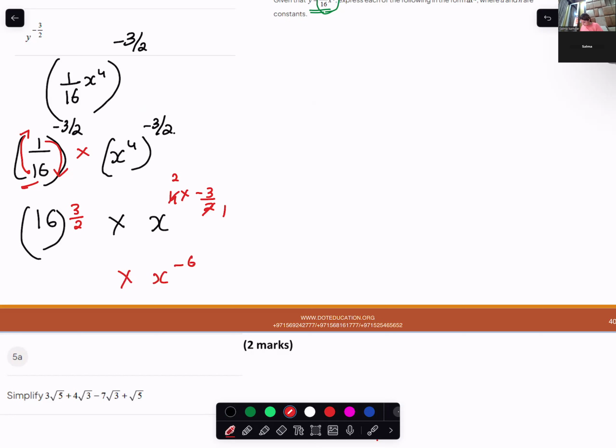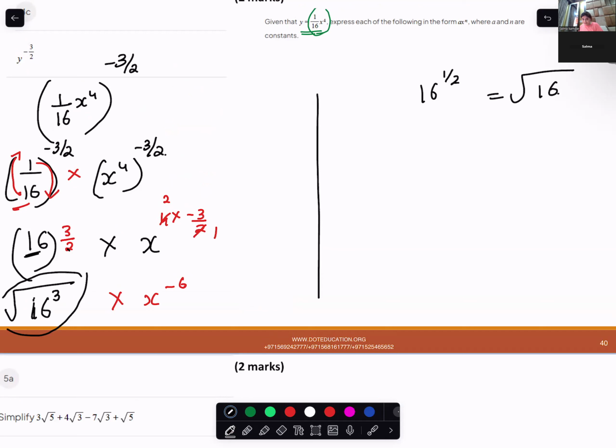This you can find using the calculator if you do not know it. Root of 16 is 4 and I will write cube into x raised to minus 6. 4 cube is nothing but 64 x raised to minus 6. When you use a calculator to find the answer for this, you're directly going to get 64. Just keep that in mind.